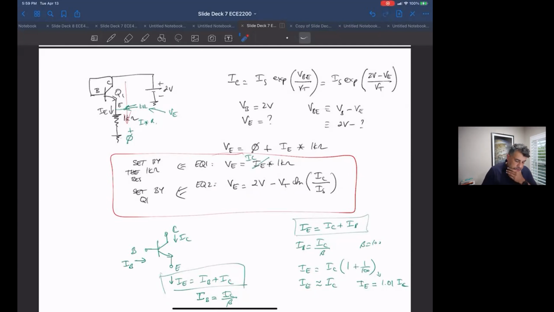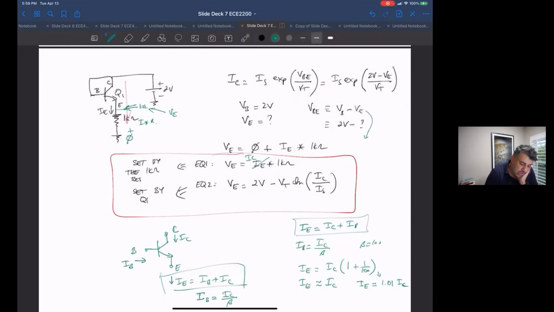Okay. So why can we even take a guess? Here is the question. The reason we can take a guess is because the range of reasonable VBE values is fairly limited.